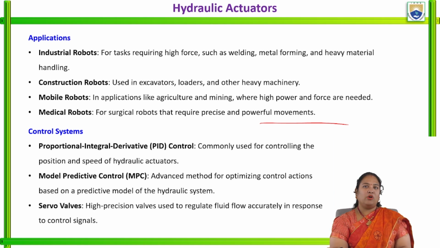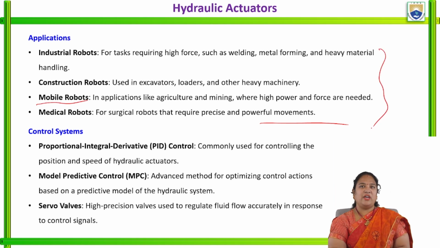Or when we come across loaders or heavy machinery or excavators, generally for that type of application, we use a construction robot. Whereas for agriculture, mining, or any high forces, we use the mobile type of robot. So these are the 4 applications where we can use the hydraulic actuators more predominantly.